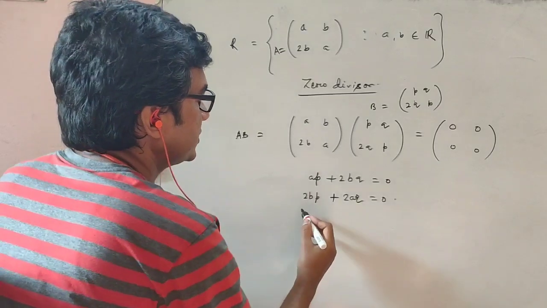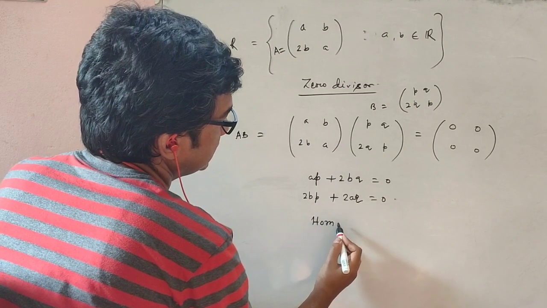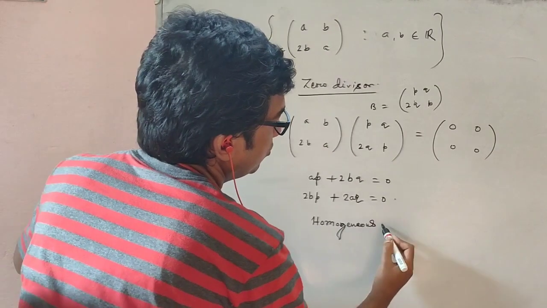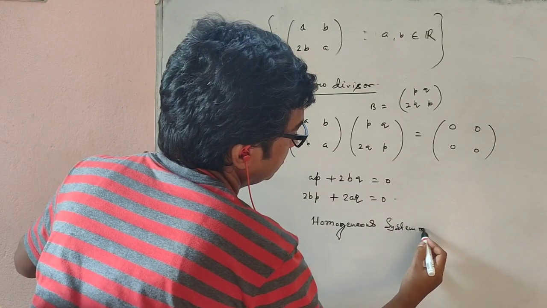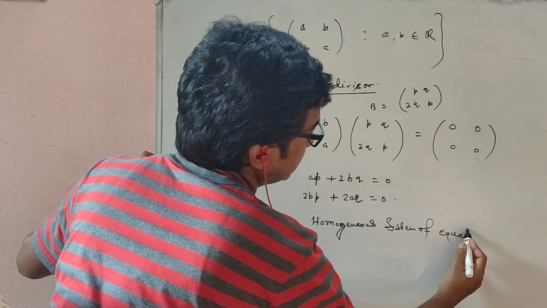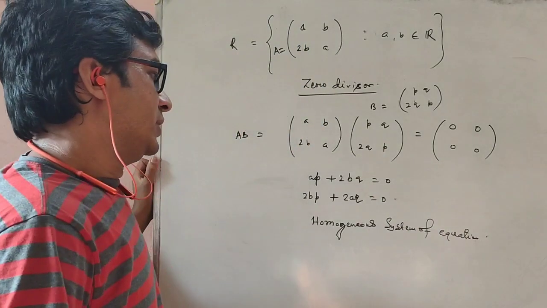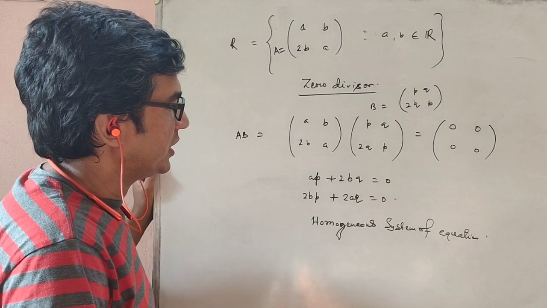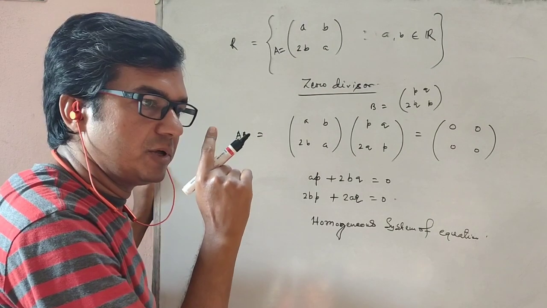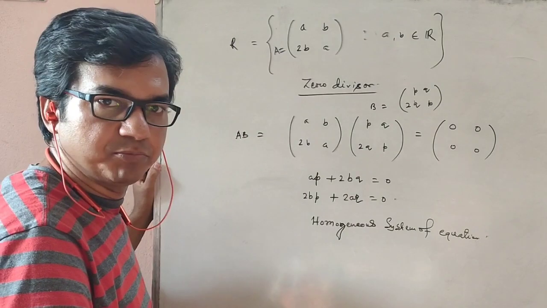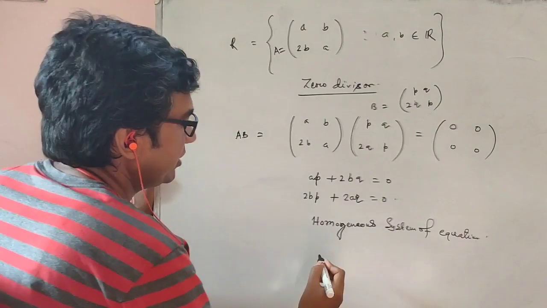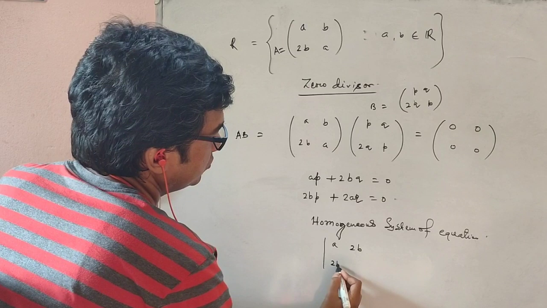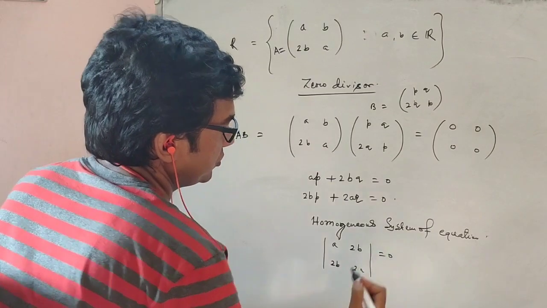Clearly, this is a homogeneous system of equations, and this system has a non-zero solution if the determinant A, 2B, B, 2A equal to 0.